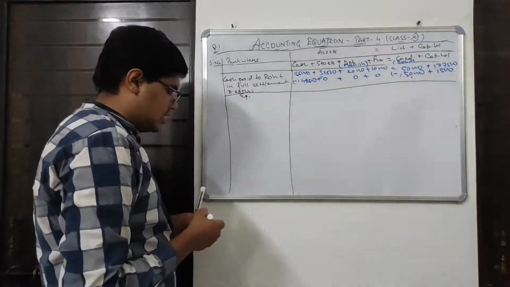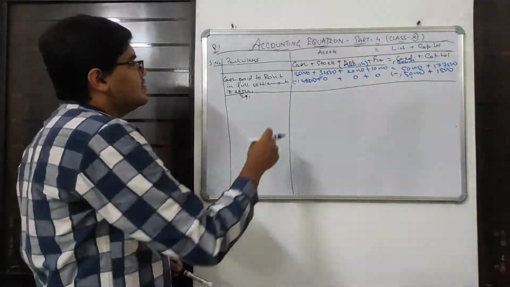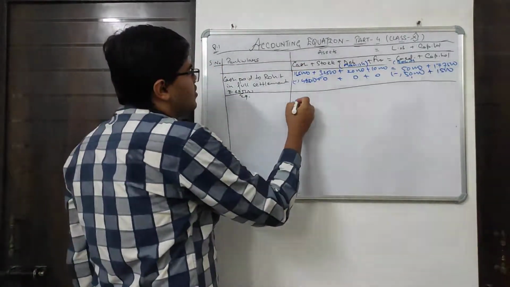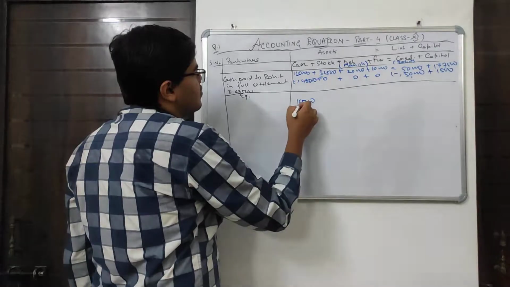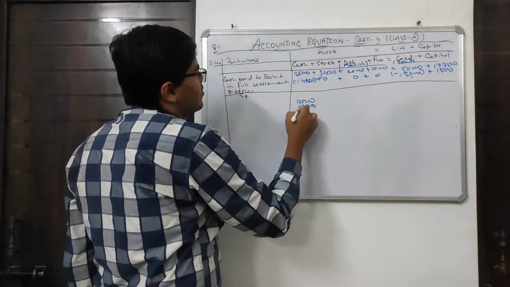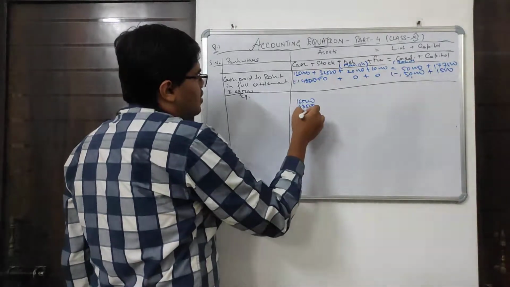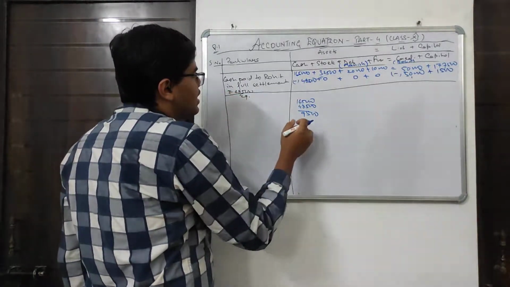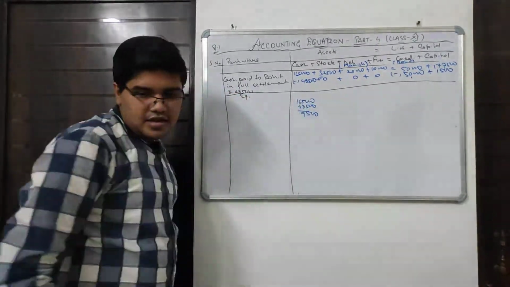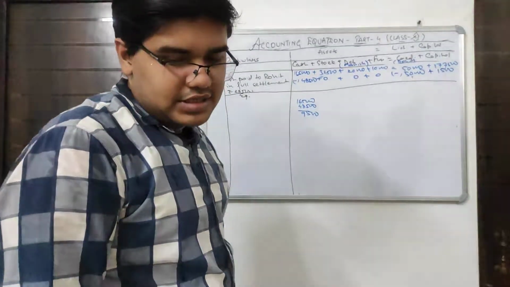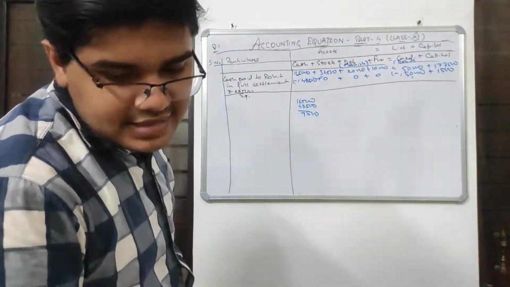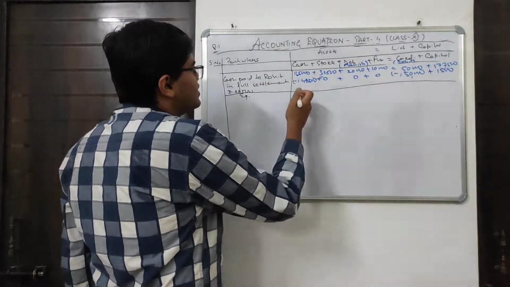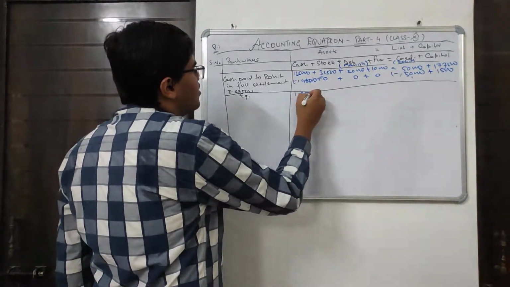Equation, let us write. 1,65,000 minus 48,500 will be 1,16,500.